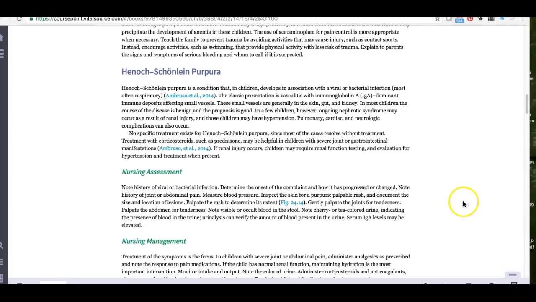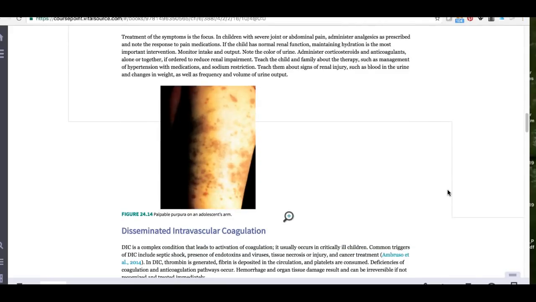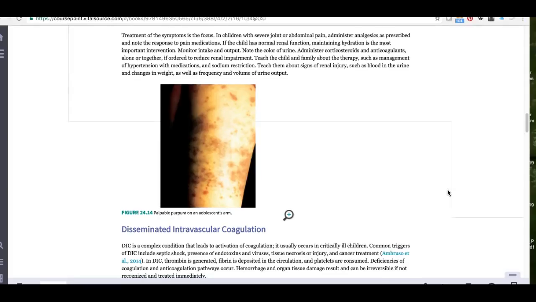It's a very strange disease. They usually present with those purpuric lesions on dependent areas, like the feet, the buttocks, the back, and then they have some joint pain. That's what purpura look like, bigger areas of petechiae.